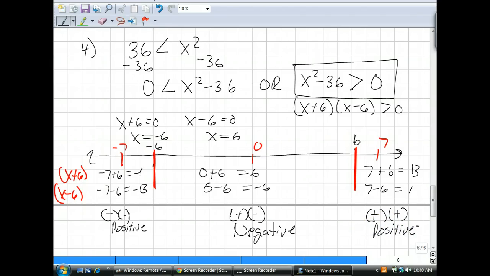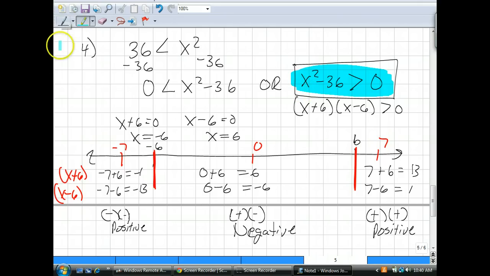Now going back, we go back to where we have the inequality with 0 on one side. So we come back to here, and it says we want this side to be greater than 0. So what kinds of numbers are greater than 0? Positive.